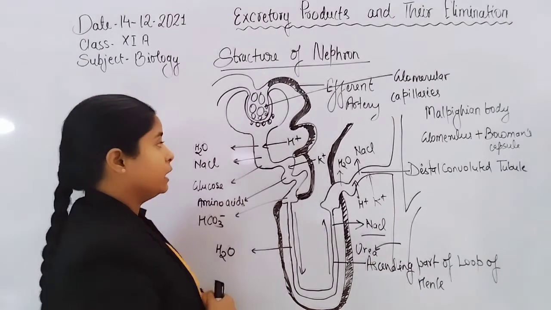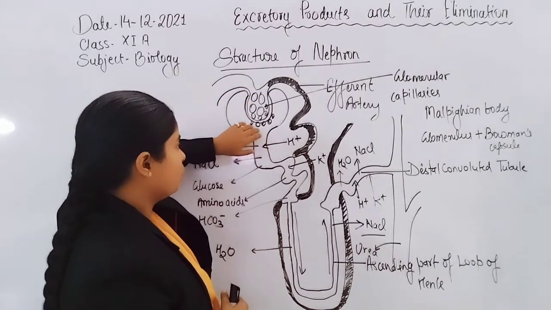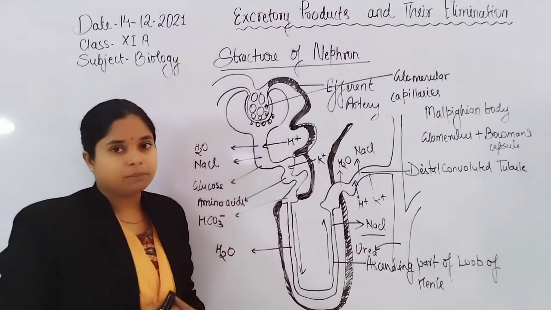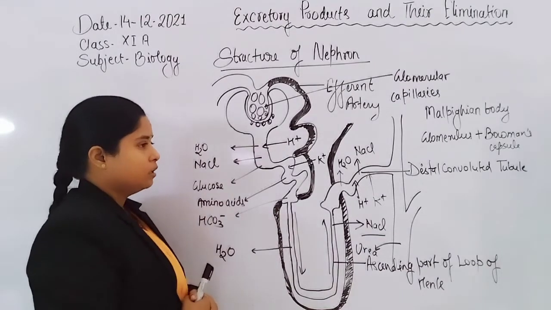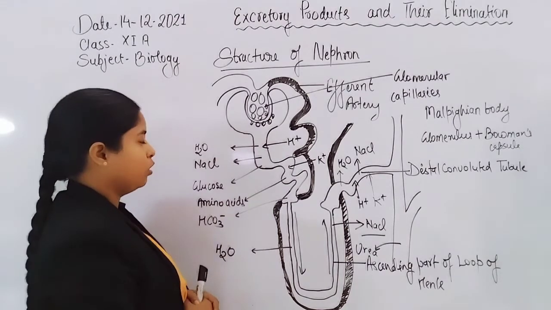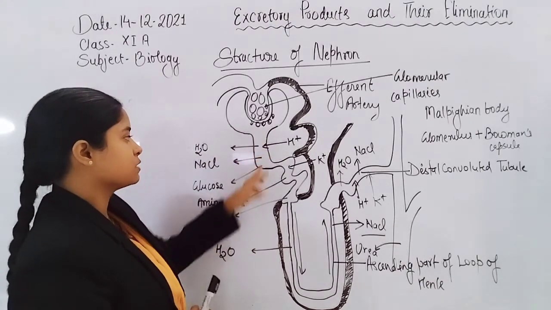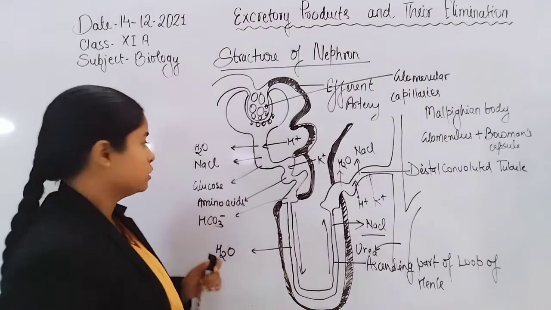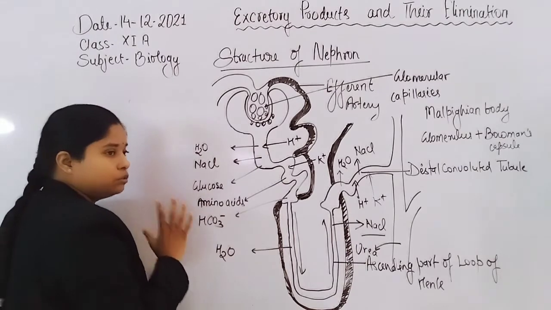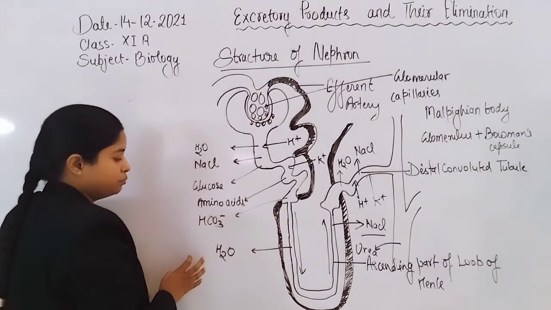Except for the protein part, all the plasma drains into the Bowman's capsule through the podocyte cells. Podocyte cells have a specific diameter which allows only specific molecules into the Bowman's capsule. From the plasma, most of the important constituents like sodium chloride, glucose, amino acids, bicarbonate ions and water are reabsorbed by the PCT, the proximal convoluted tubule.